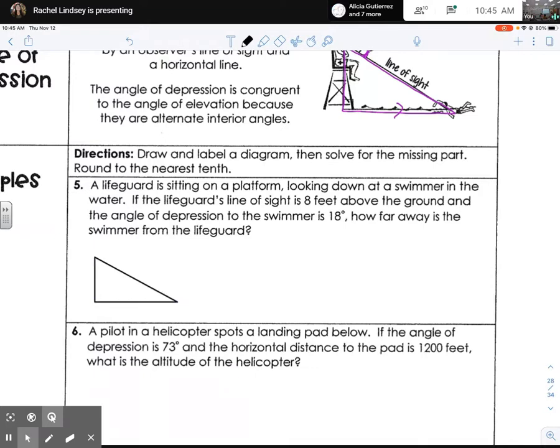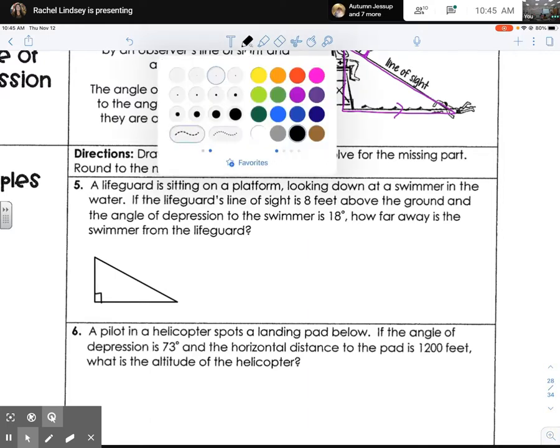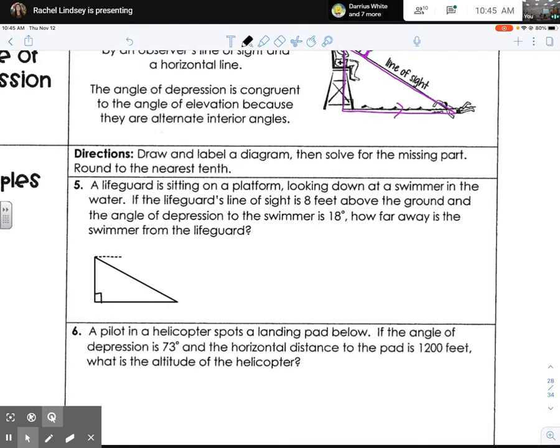There's my triangle, and there's the line that I'm going to use to find the angle of depression. So basically, anytime I see that, you're going to have the little dotted line.